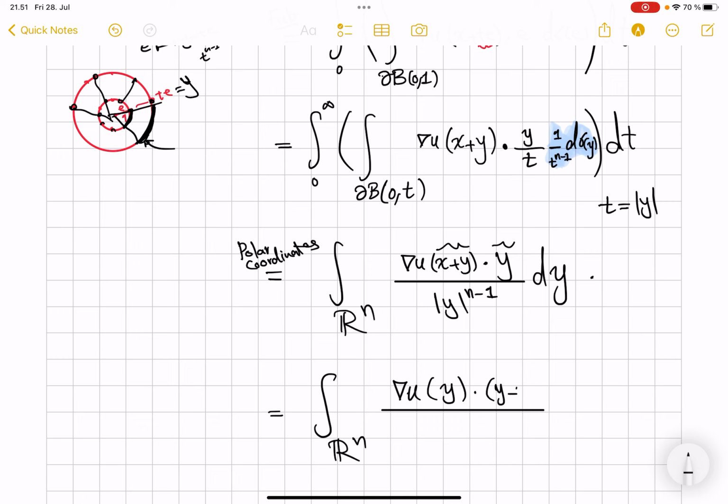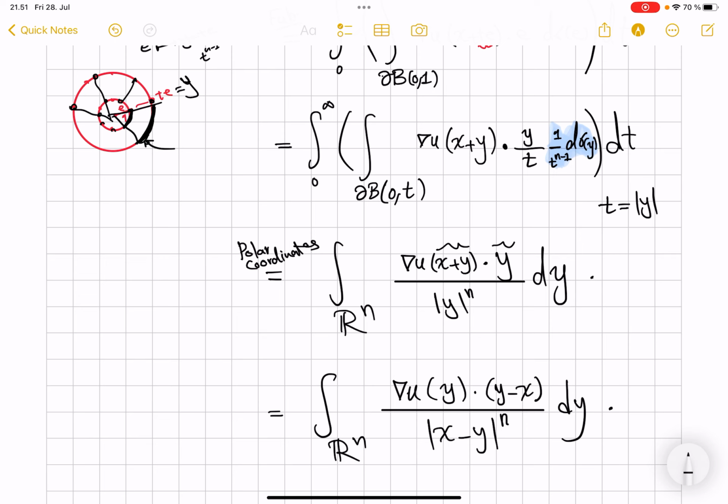So y becomes y minus x, which because of this symmetry I can just put to power n, because n minus 1 and 1 added up there, dy.